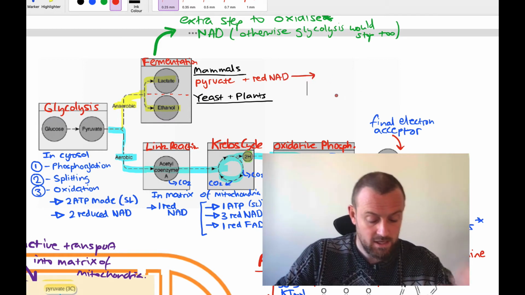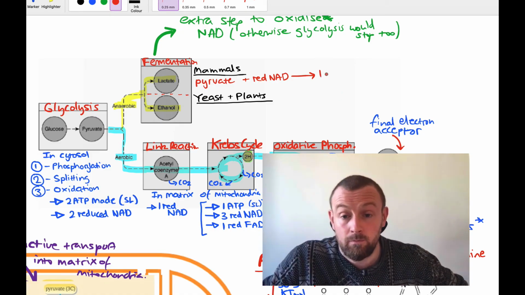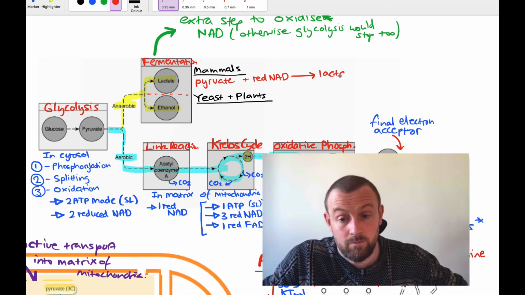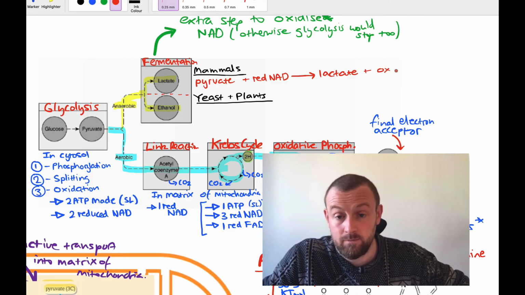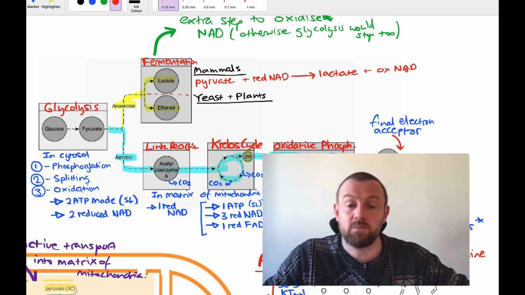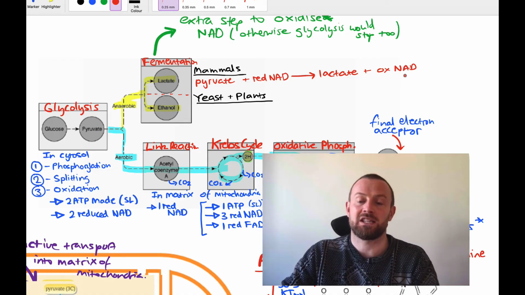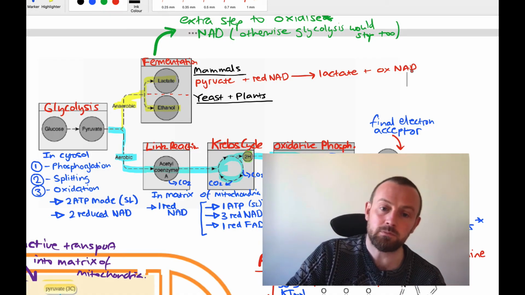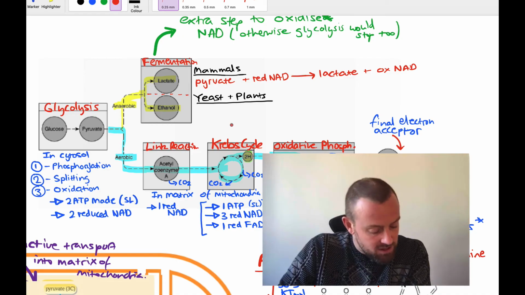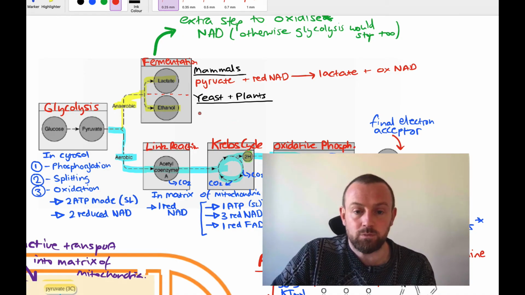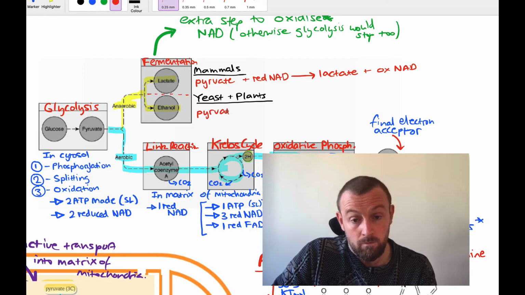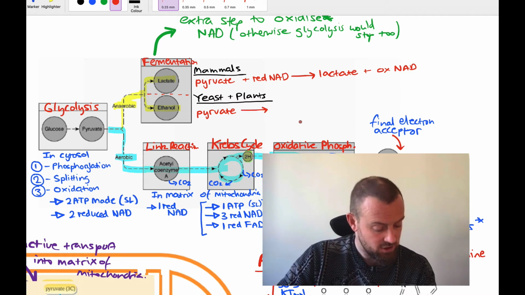We convert it into lactate, which is lactic acid, lactate or lactic acid, plus oxidized NAD. Okay, so problem solved. We've regenerated oxidized NAD, and then we can do glycolysis. Well, what about in yeast and plants? Slightly more complicated steps. We have pyruvate, and the first thing is it is converted into ethanol.